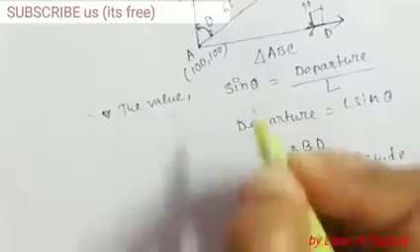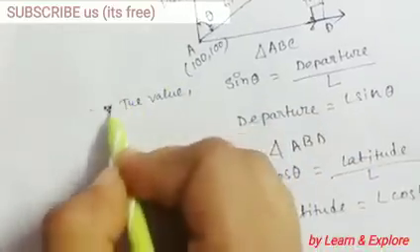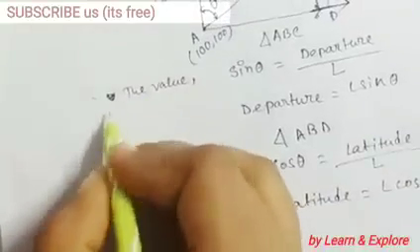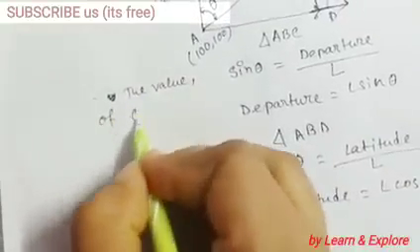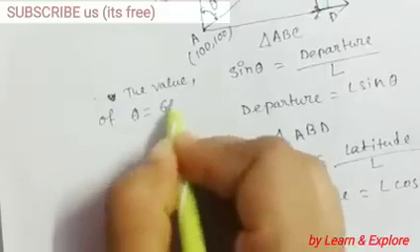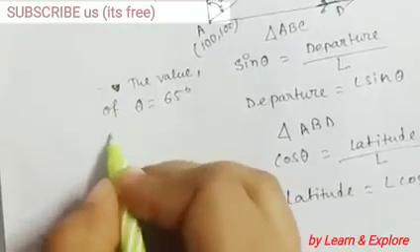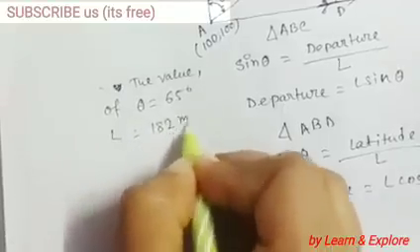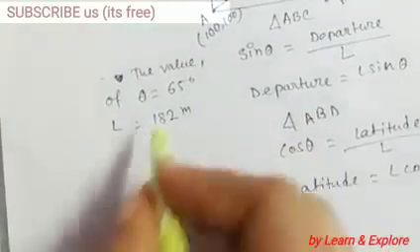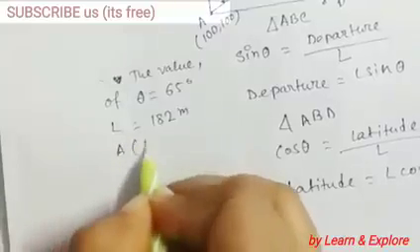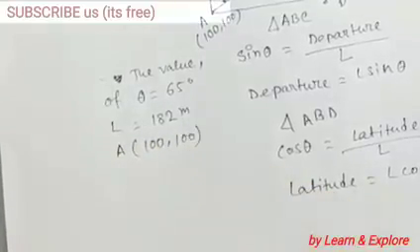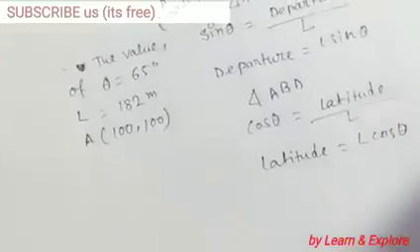You can take anything, or whatever we have in our question. And the coordinate of station A is 100, 100, which is also an assumed value.